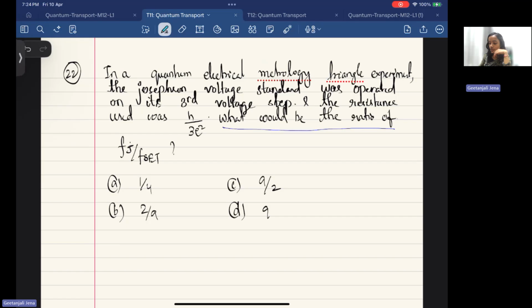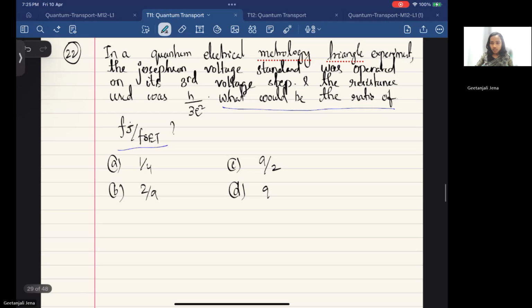What would be the ratio of FJ by FSET, that is, the frequency across the Josephson junction and the frequency across the single electron transistor? Let me give you some time for it. Recall the quantum Ohm's law relation. From that, you can get the answer.